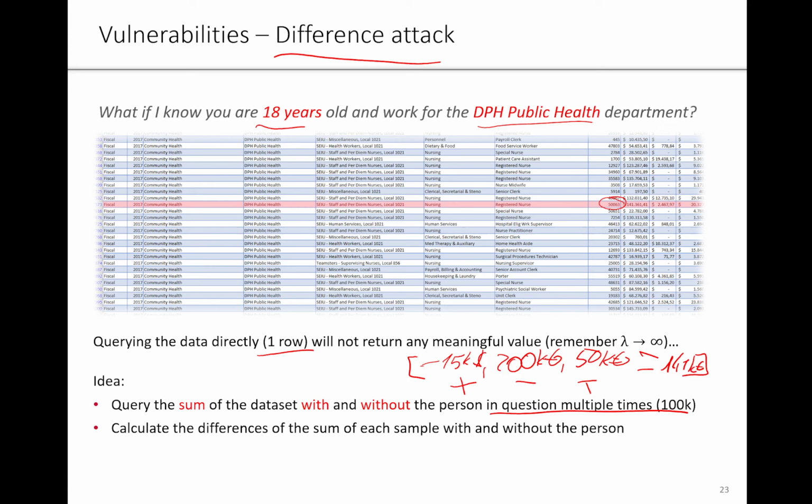So if the attacker is able to constantly ask new questions for the same data set, and every time you have to add noise, the noise cancels out over very, very many requests.